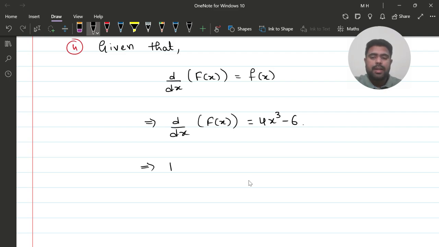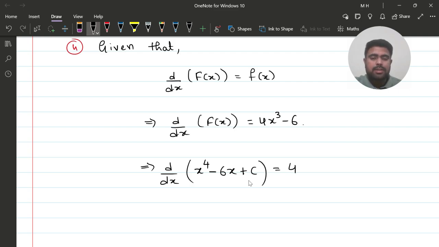So this implies d by dx of, what do you differentiate to get 4x cube? It is x raised to 4. Minus, what do you differentiate to get 6? It is 6x. Okay, but along with this, if I also add a constant, the derivative of constant would be 0.